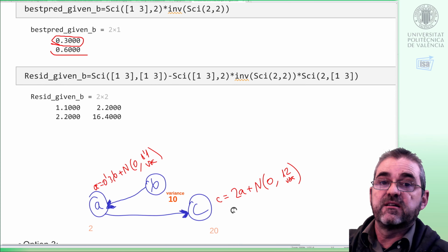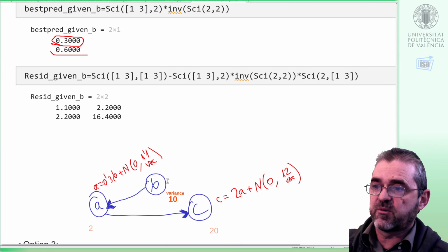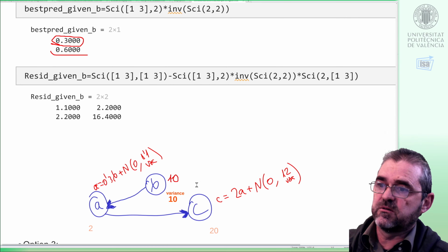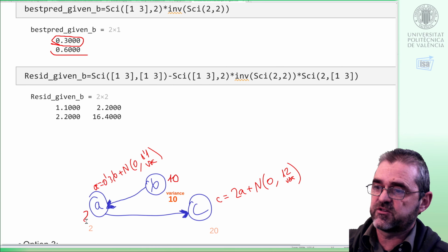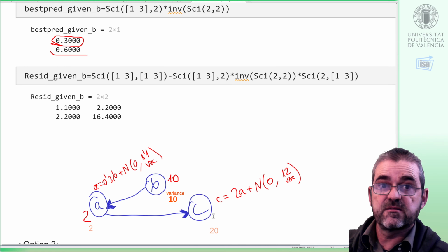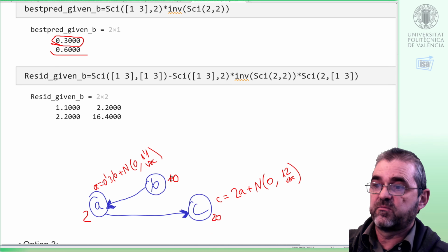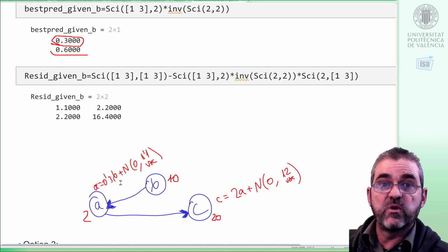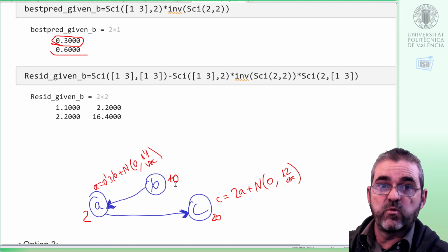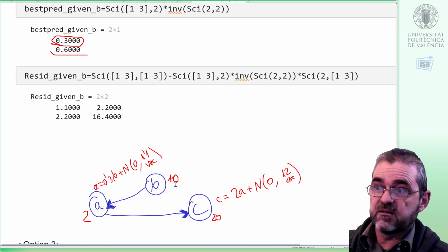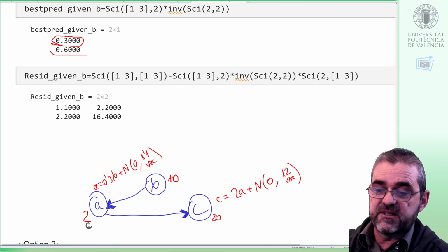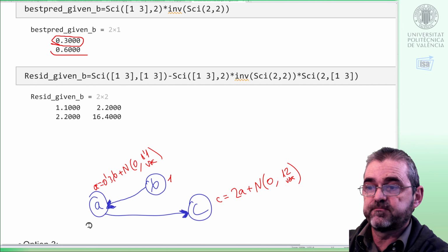And you can check that if b is something of variance 10, then propagating variance will also give us variance 2 here and variance 20 there. Indeed, for instance, the variance of 0.3b will be 0.3 squared multiplied by 10, which is 0.9. So when I add 1.1, I get the original variance of a, which is 2.